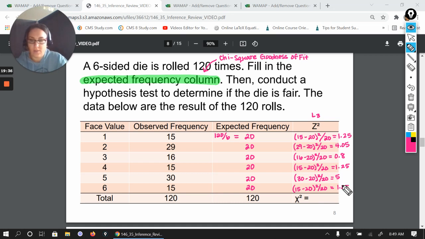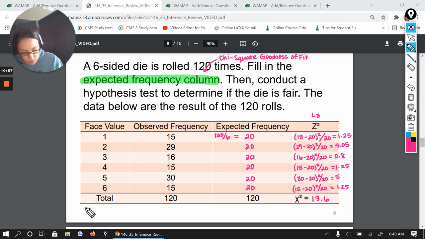So let me add those up really quickly. On my calculator, 1.25 plus 4.05 plus 0.8 plus 1.25 plus 5 plus 1.25 equals 13.6. So our chi-square is 13.6.